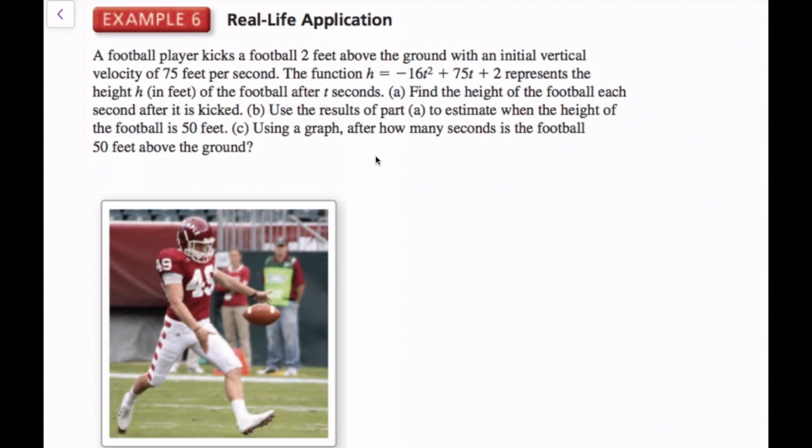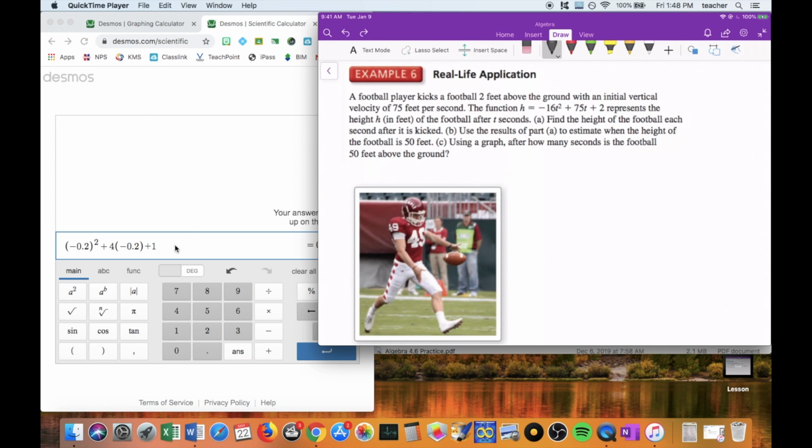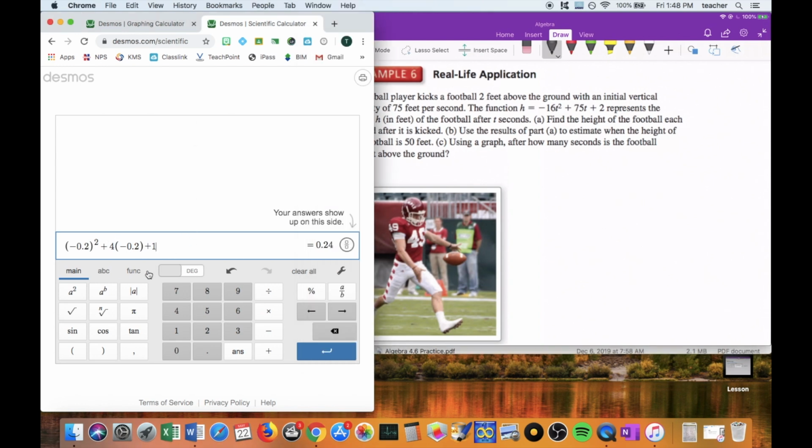But the first thing that we're going to do is part A. It says find the height of the football each second after it is kicked, okay? So that sounds like we're going to make a table. And then we have the function, which is h equals negative 16t squared plus 75t plus 2. So I'm going to pull up Desmos, my scientific Desmos calculator, and I'm going to have the function in here so we can easily make our table.